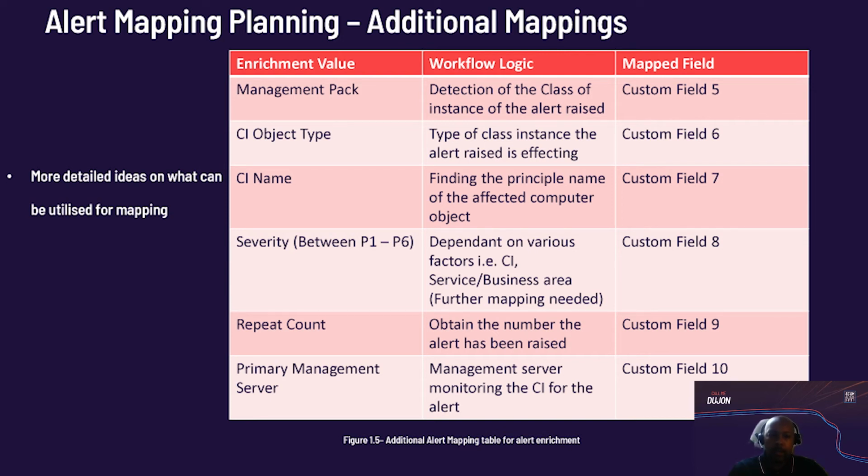Next one would be the CI name. Here, this is basically identifying the actual principal name of the alert raised. There are some alerts where you might not actually see the CI name that's affected.